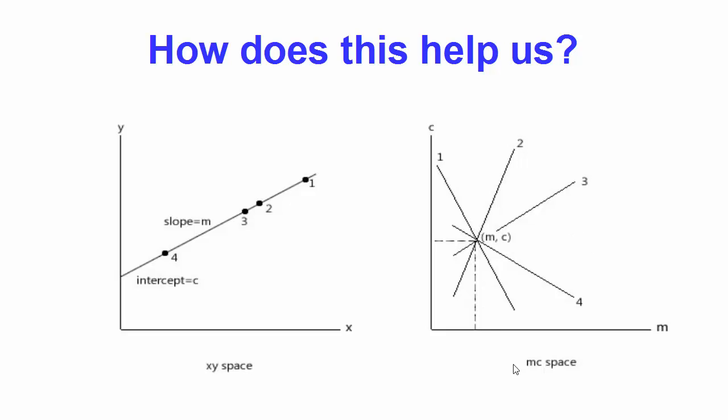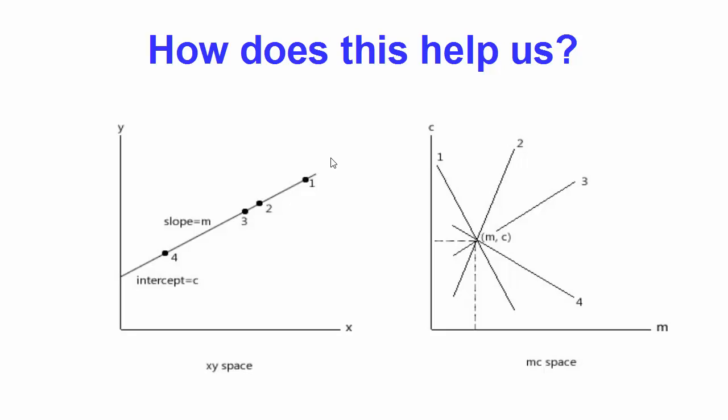Okay, so in the MC space you can represent each and every point as a line, and they will intersect on a single point, and now this intersection point can be used to draw a line.